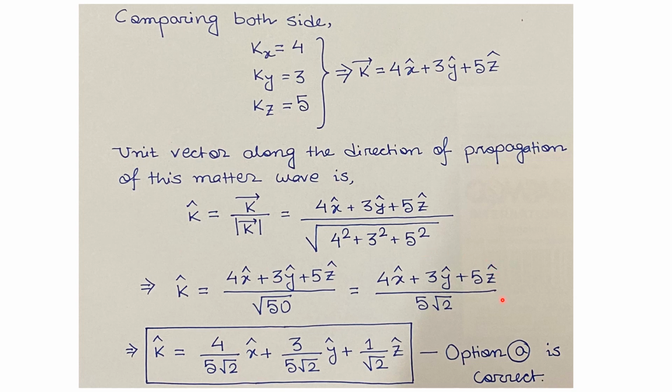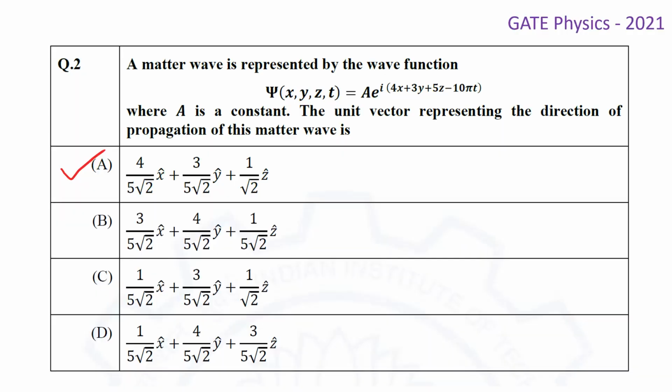After simplification, we will get 4 by 5 root 2 x cap plus 3 by 5 root 2 y cap plus 1 by root 2 z cap. So among the four options, the first option, option A, is the correct answer, which basically represents the unit vector along the direction of propagation of this matter wave.